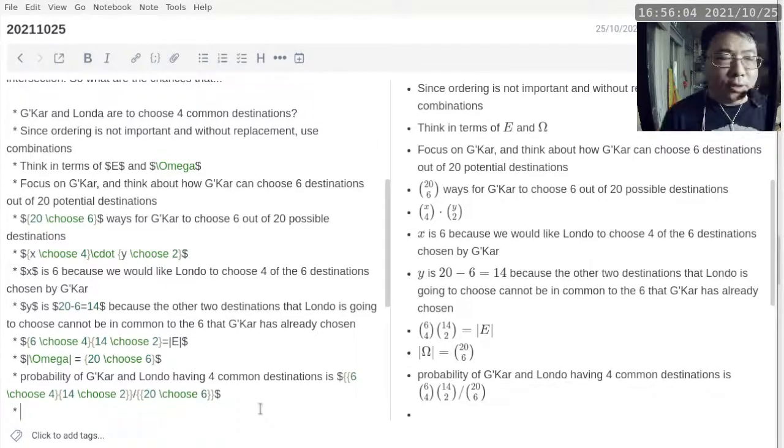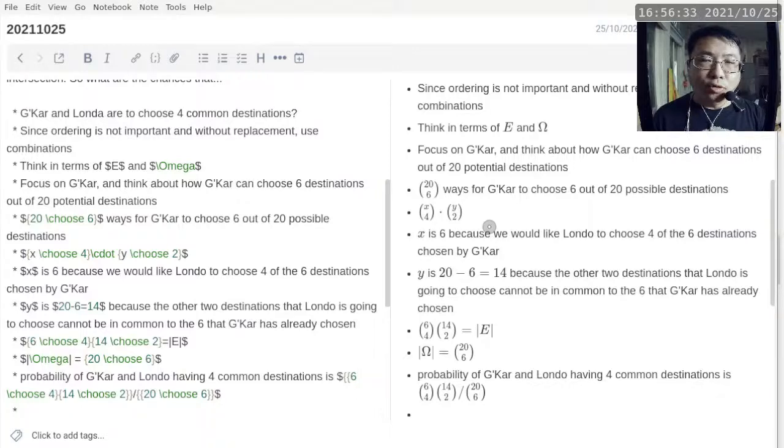Can I explain how I got x being 6, and y being 14? Okay, so 6 choose 4 is basically saying, out of the 6 destinations that are already chosen by the first person, I want the second person to match exactly 4 of the 6.